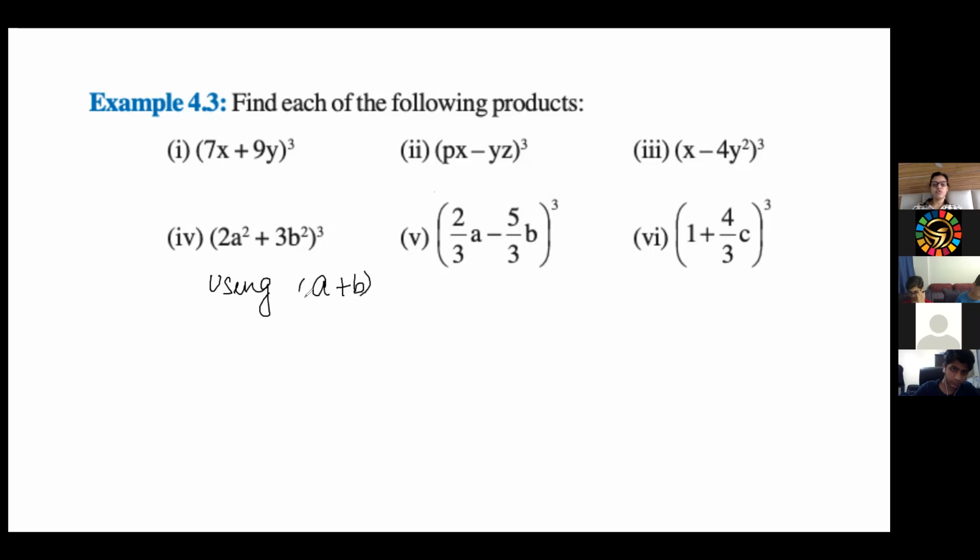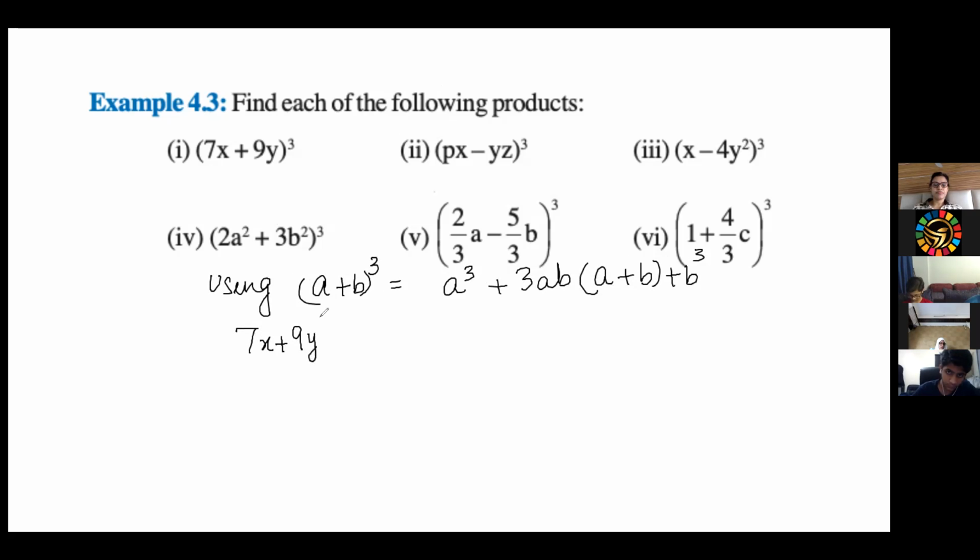A plus B whole cube is equal to, so this becomes 7x plus 9y. What will be the value of this?